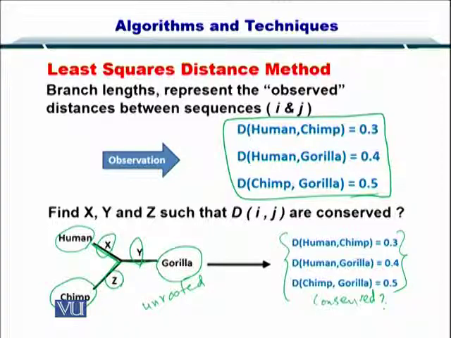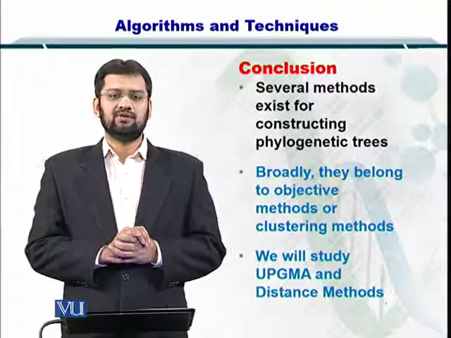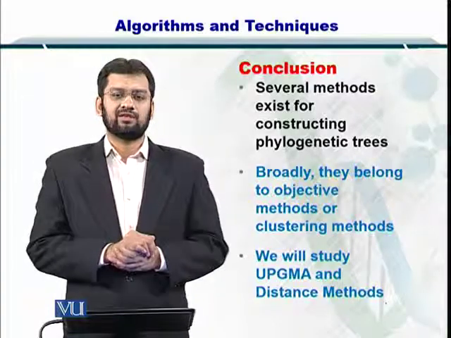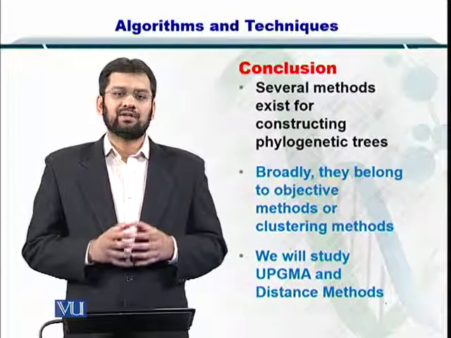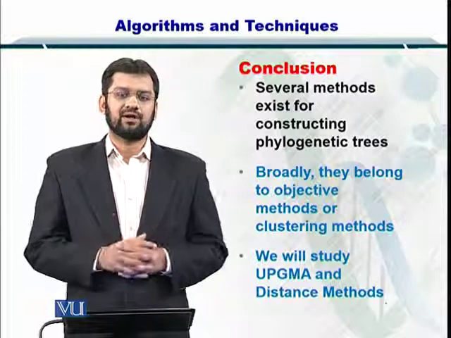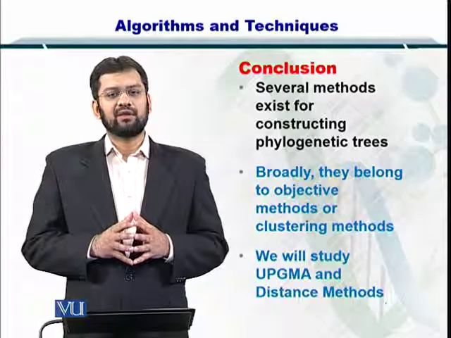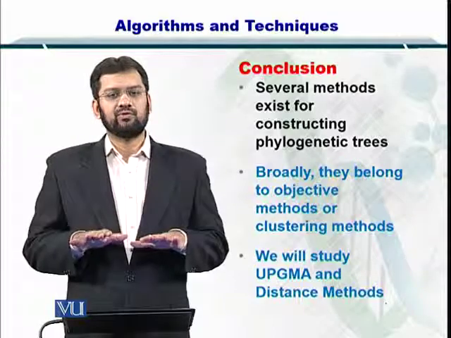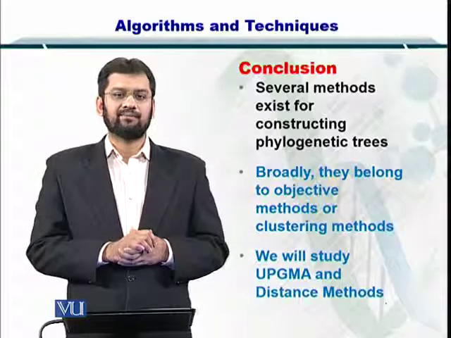So in conclusion, several methods exist for constructing the phylogenetic trees. We will look at these methods in detail later, but this was just to introduce you to the type of information that we employ in constructing the phylogenetic trees. You must remember at this point that the foundation stone for constructing the phylogeny is the pairwise sequence alignment.